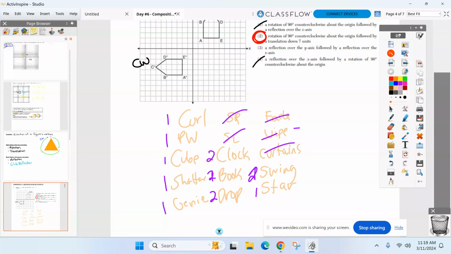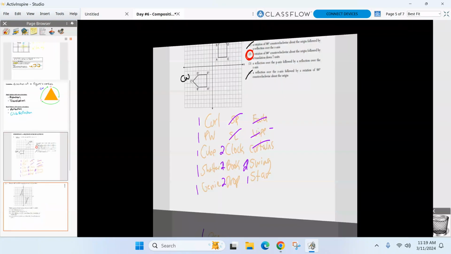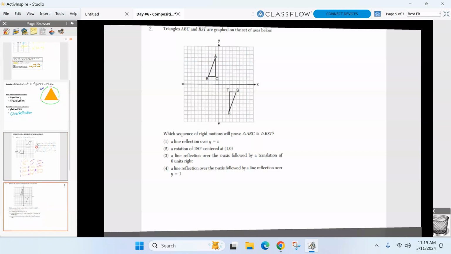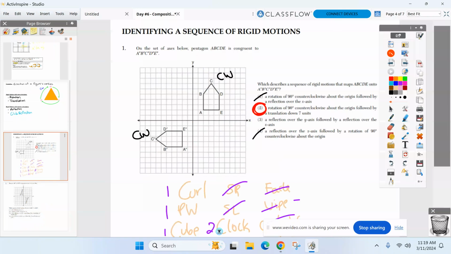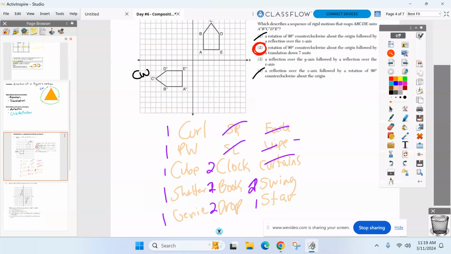You're still not going to get them all. You just said we had star though. Oh, I guess I was wrong. Sorry. All right, we ready for it not to happen? I still have more slides. Clock, book, drop, swing, Promethean person. We ready? Oh, flip. Not even nominated. How's that feel? We've never seen flip before. Let me guess, right? Get out of here. That's what I thought. Come stronger next time.